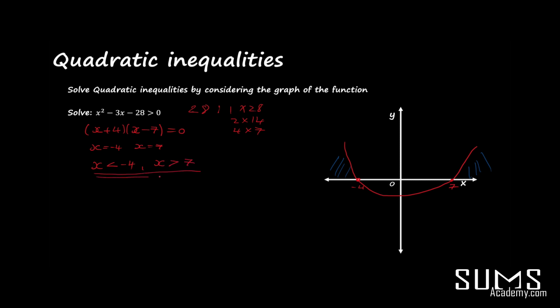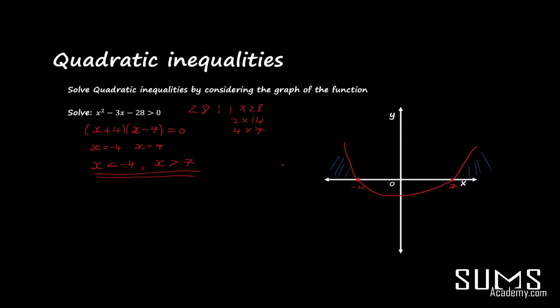All the way down to negative infinity, below minus 4, gives a solution greater than 0, and all the way to positive infinity above 7, but anywhere between these two you get a negative solution, so that's what we don't want.